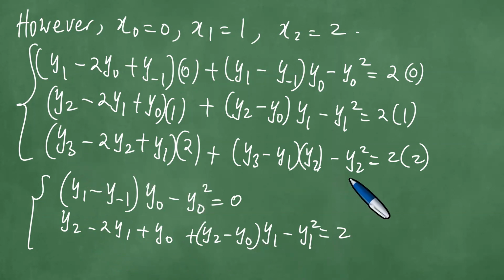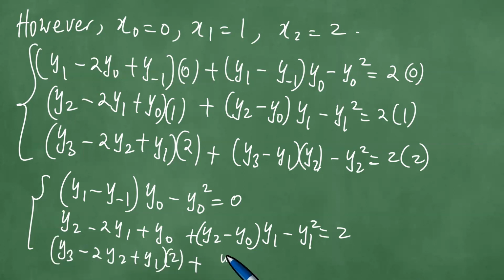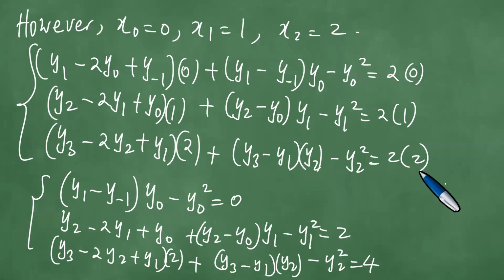And then here, you have this y3, 2y2 plus y1 times 2 plus y3 minus y1 y2, minus y2 squared equals 4. Okay, we can write it like this.